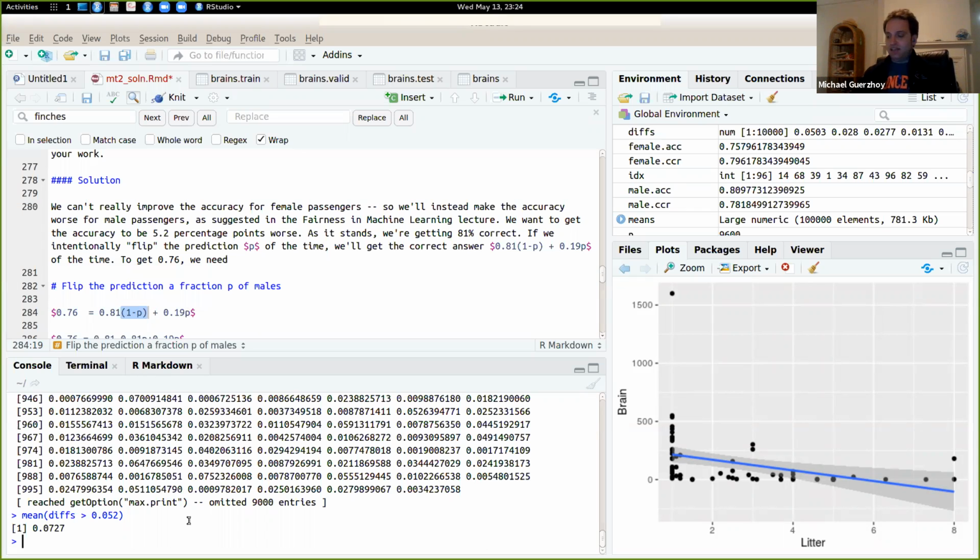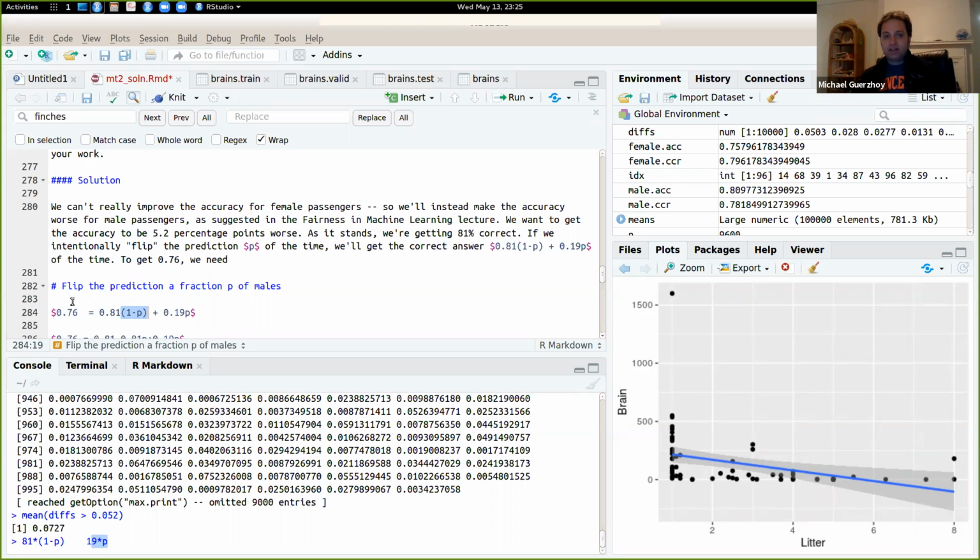So basically, imagine that we have 81 guesses and we have 19 guesses. Those are the incorrect ones, those are the correct ones. What I'm saying is that there is a probability of 1 minus P that I'll get correct guesses out of this, because if I'm flipping, then it becomes incorrect. There's a probability P that's going to be pretty small, that out of those I'm getting something correct.